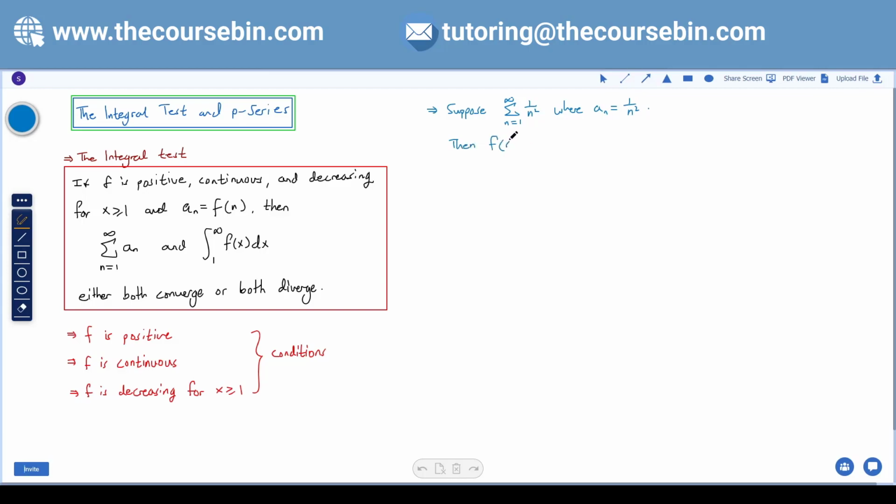Then we can say f of n equals 1 over n squared is positive, continuous, and decreasing. We know it's decreasing because for every next term you're dividing by a larger number squared.